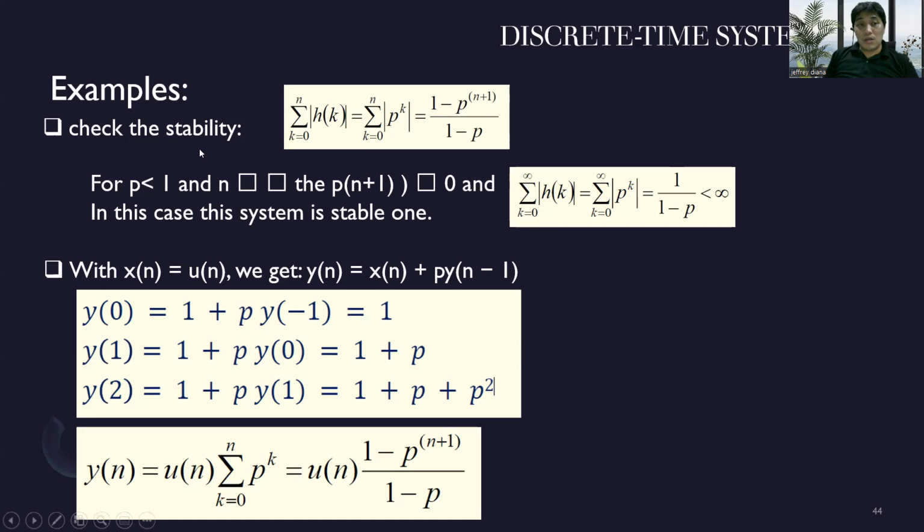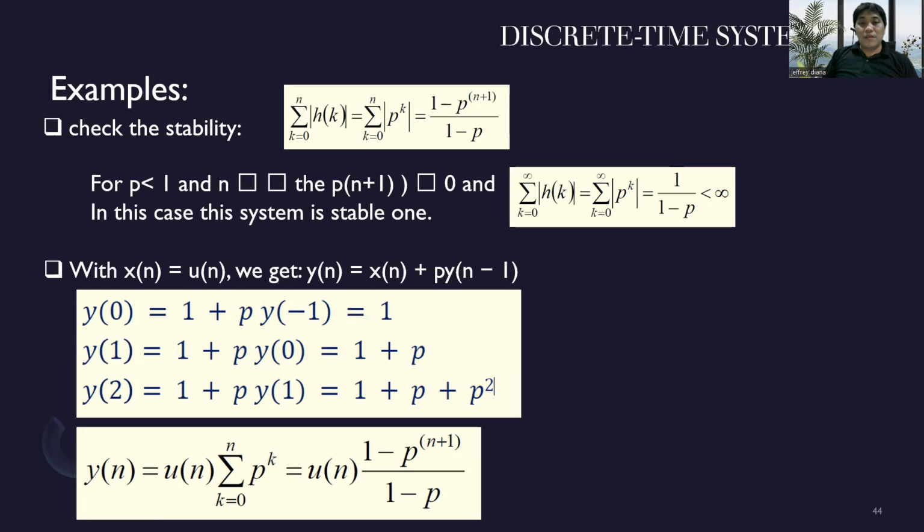So shown here in the system stability, the formula: the summation from k equals 0 to n of h[k] is equal to the summation from k equals 0 to n of p to the power of k, which equals (1 minus p to the power of n plus 1) over (1 minus p), for checking the stability of the system.